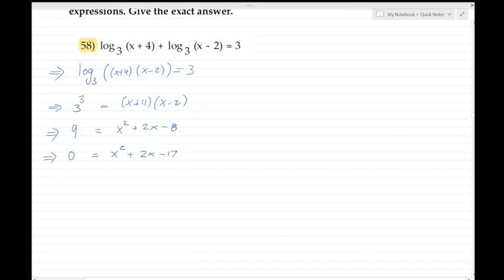Uh-oh, same mistake. Sorry. So 3 to the power 3 is 27. So we have negative 8 minus 27, and that gives us 35.